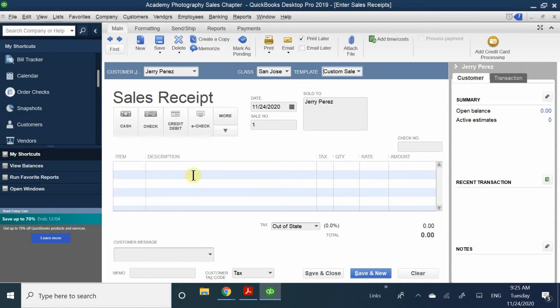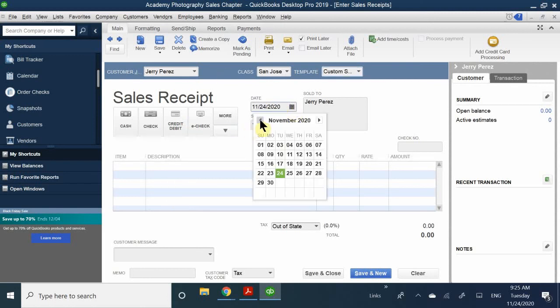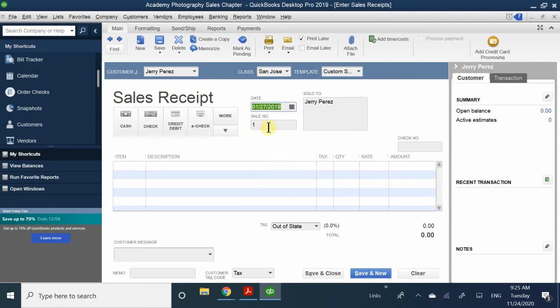So in this case, the date that this transaction happened was, I believe, sometime in January of 2019. Can someone confirm? 27 of January? Yeah. Perfect. Okay. Now, the sales number, because this is my first transaction, okay? It really isn't.